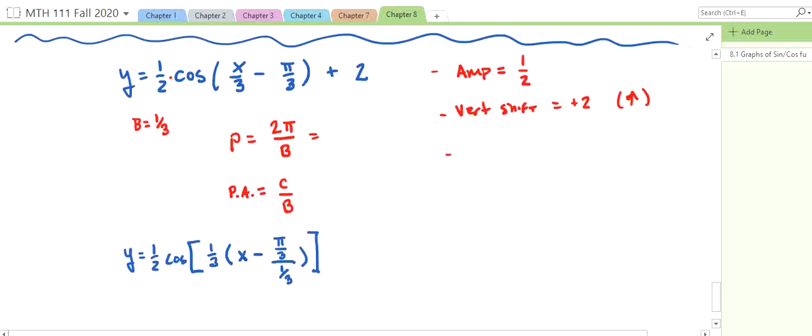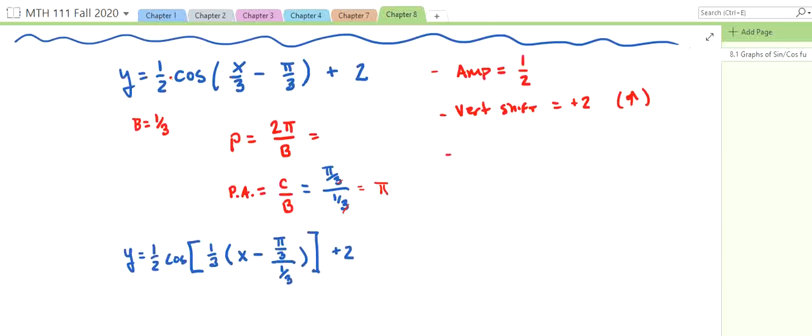Notice if I multiply 1 over 3 back in, I get the original equation, plus 2. So we can see that c is pi over 3 and b is 1 over 3. So those 1 over 3's cancel, and you end up with pi over 1, or pi. So our phase angle is pi.